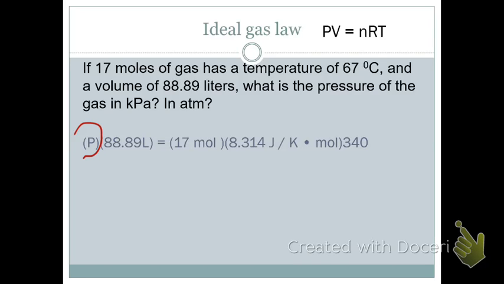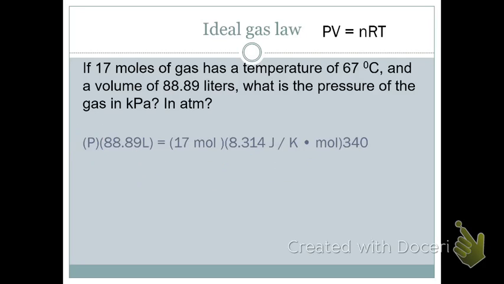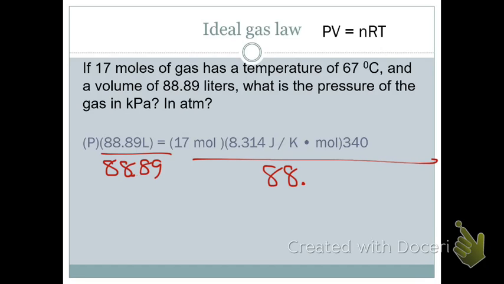I have to solve for P. Here's my V. This is equal to my N times my R times my T. In order to get P, I'm going to need to divide both sides by V. To do that, trying to find a faster and easier way without doing all this writing, I divide this side by 88.89, and I divide this by 88.89. That cancels it here.